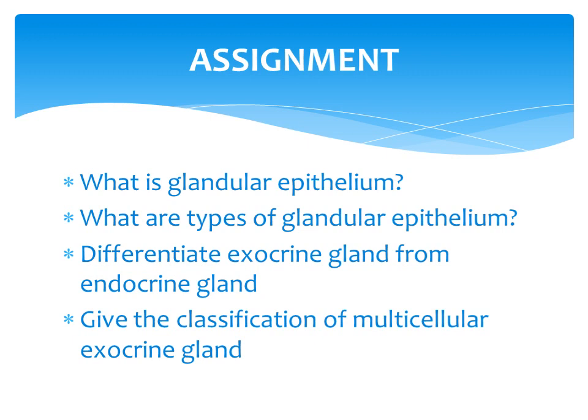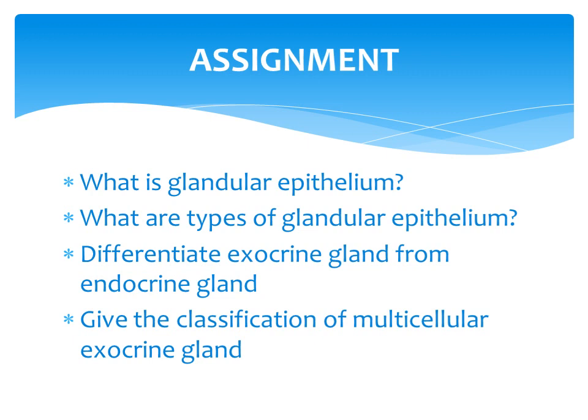Then the fourth question, give the classification of multicellular exocrine gland. Here it is asked overall. There is no specific basis mentioned. For example, if they ask the question based on structure, what will you write? Simple gland as well as compound gland. Or how the multicellular gland is classified based on its secretory units, we can write tubular, alveolar and tubulo-alveolar.